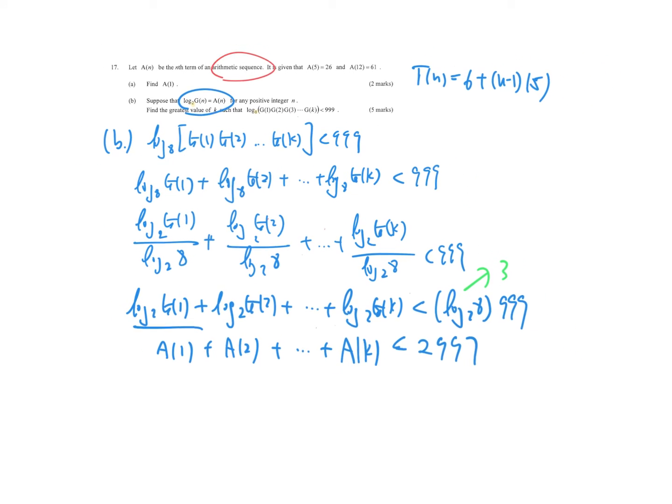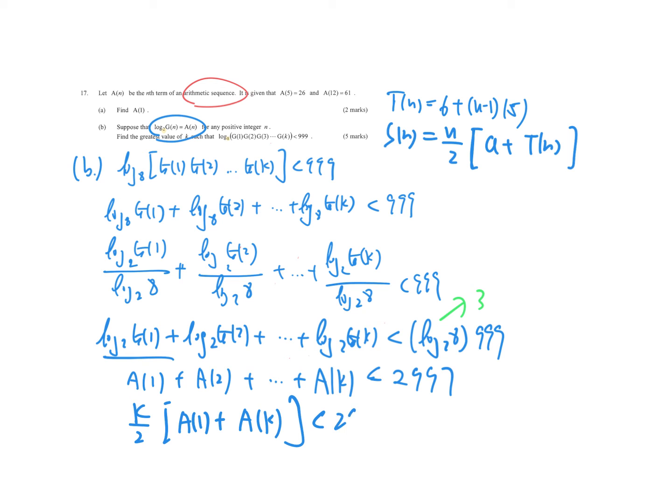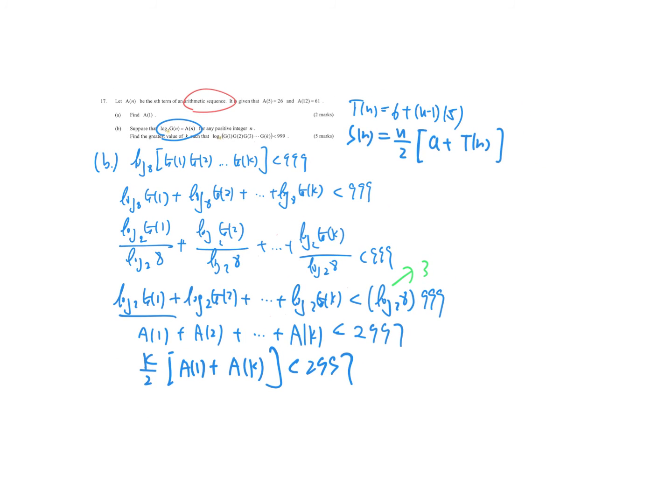Using the formula of the arithmetic sequence, the sum S_n, it becomes k over 2 times (a1 plus a_k) less than 2997.